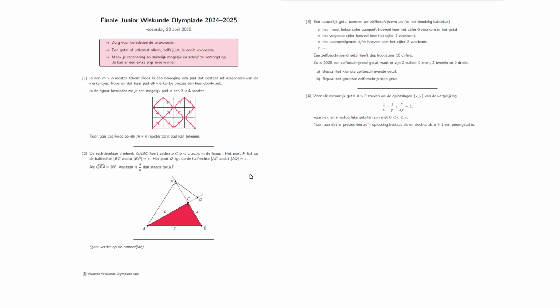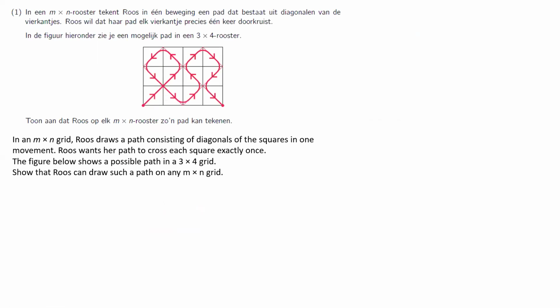So we start with the first one. The first question is about combinatorics. Below you have the translation. In an m times n grid, so m rows and n columns, Ross draws a path through all the squares via the diagonals.